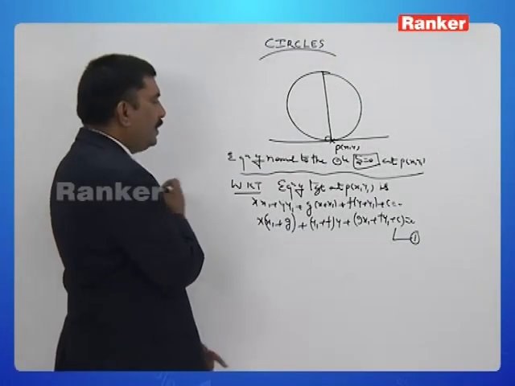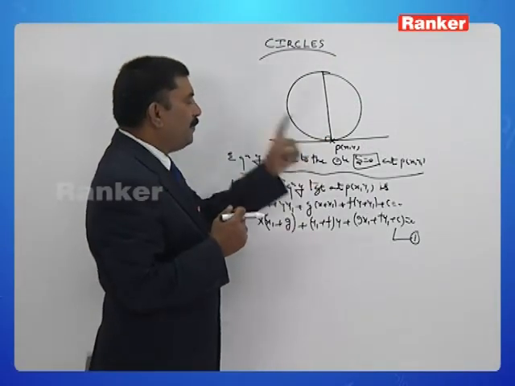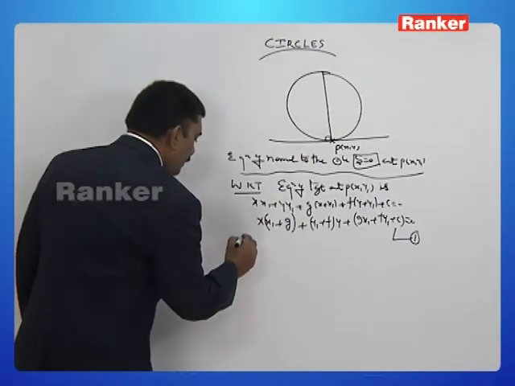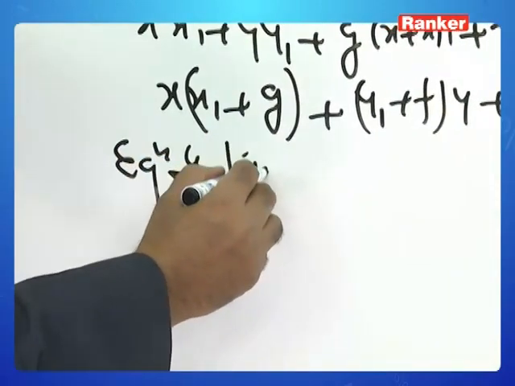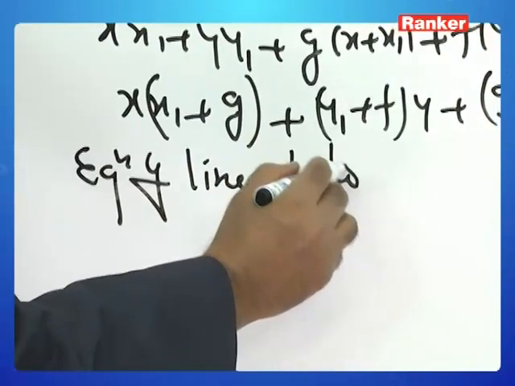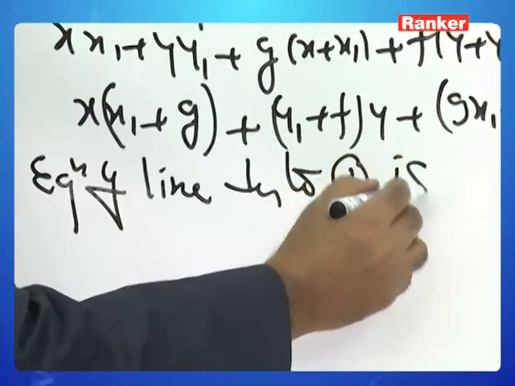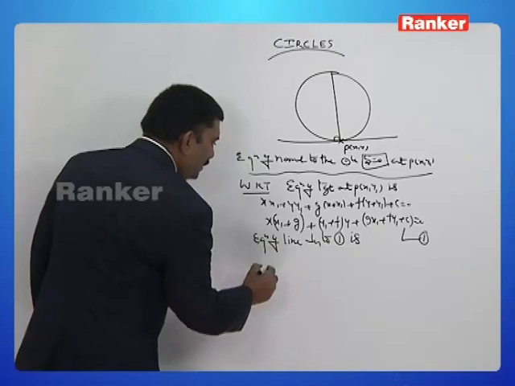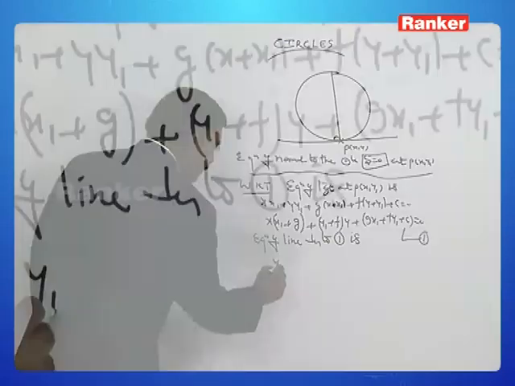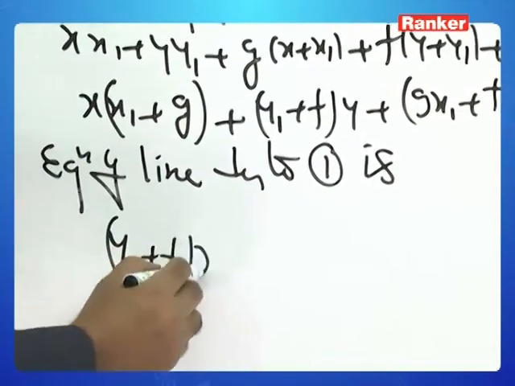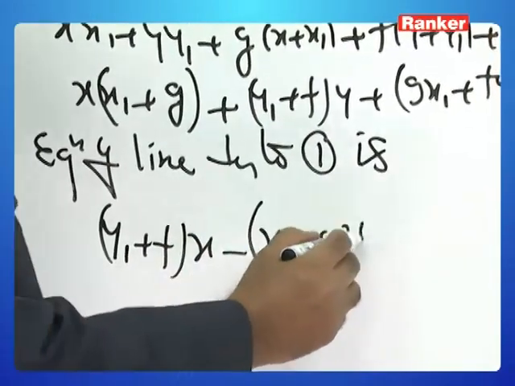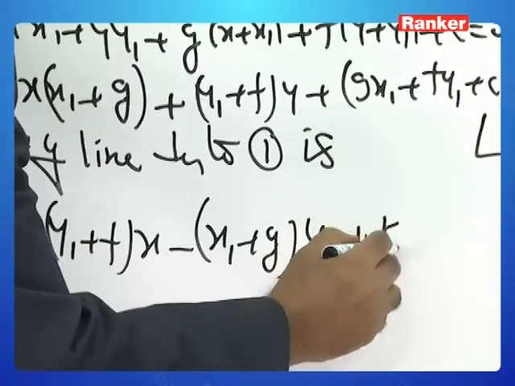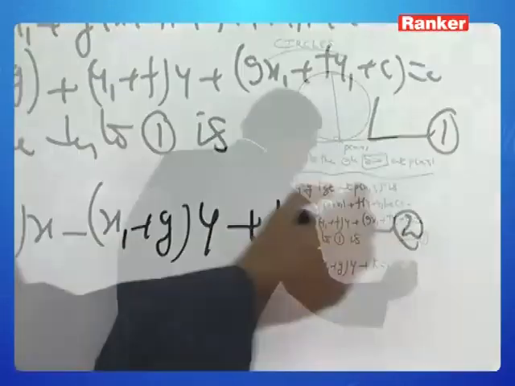As I told, the normal is a line perpendicular to the tangent. Now the equation of a line perpendicular to 1 is y1 plus f into x minus x1 plus g into y plus k is equal to 0.